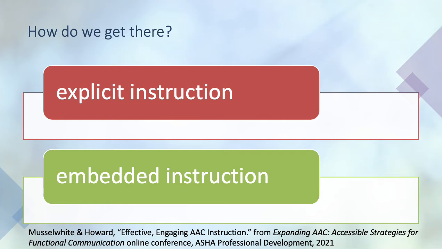Embedded instruction occurs during the course of naturally occurring activities when the situation demands it or simply provides an opportunity for it. The key to embedded instruction is that it occurs within authentic activities, not ones we've engineered for instruction. It's important when we're teaching communication that we have both of these components in the instruction.